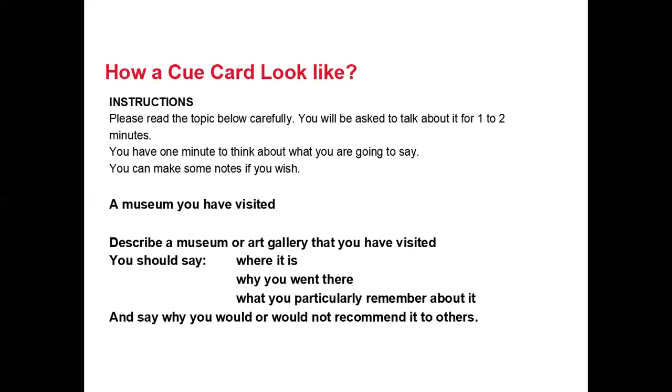So there's a sample question here. You can see a museum you have visited. The main question is: describe a museum or art gallery that you have visited. So it is just a description of a museum or an art gallery. It's your choice. Another thing is that people try to list a lot of things to show the examiner that they have a lot of knowledge about something.